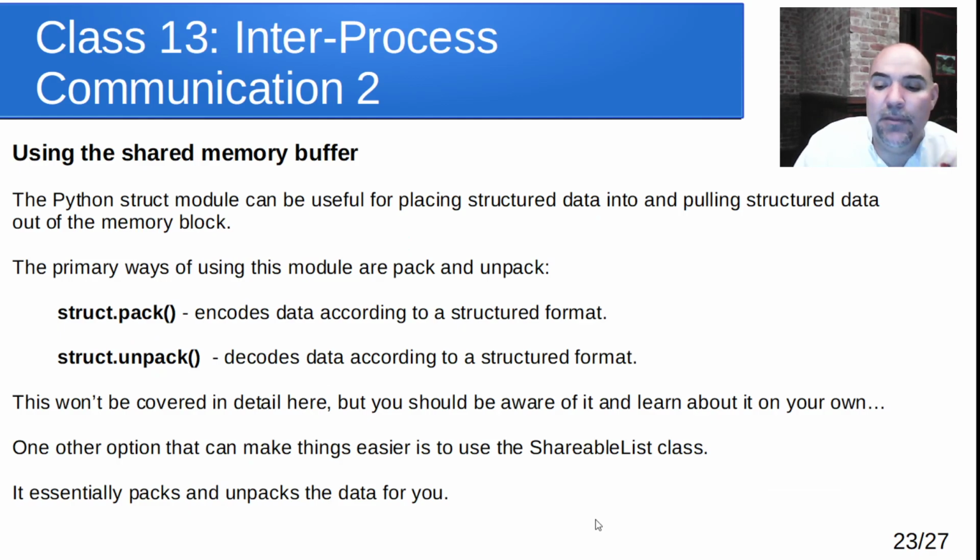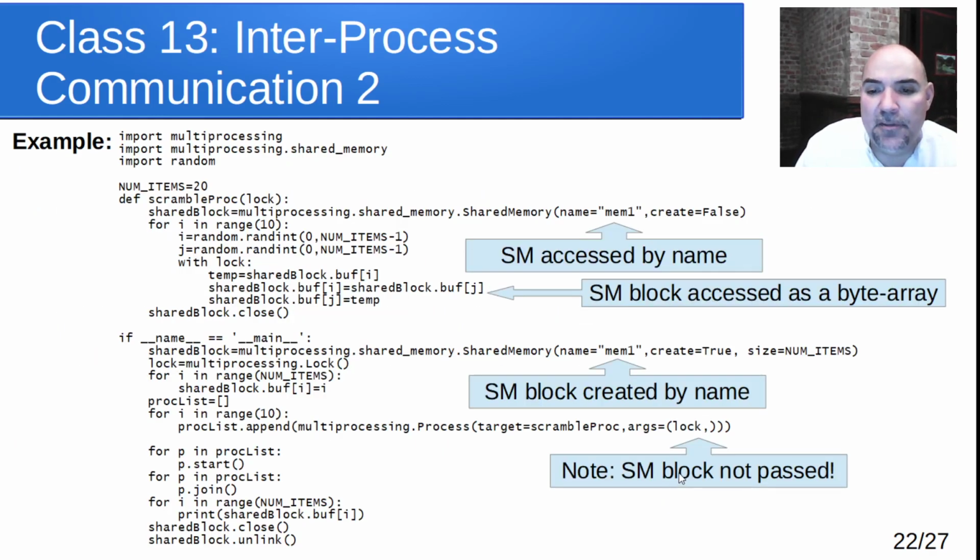But one thing to notice here is I don't have to pass the shared memory block to this function because we access it by name. In this case, mem1. We do have to be a little bit cautious though, because some other process could be using the same thing. So if you name it something like mem1, it's possible another process could also name that thing mem1.